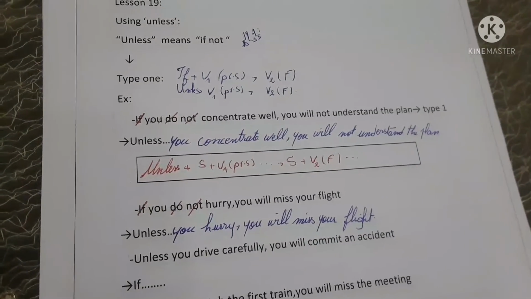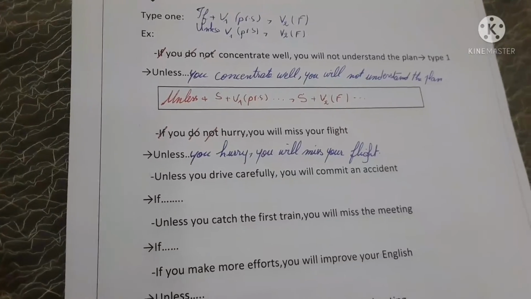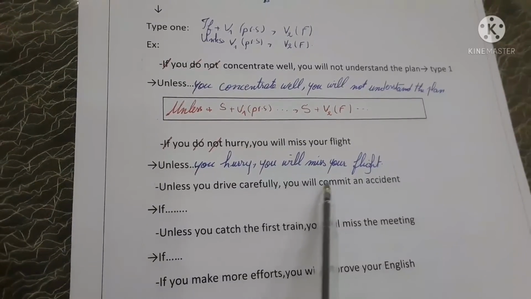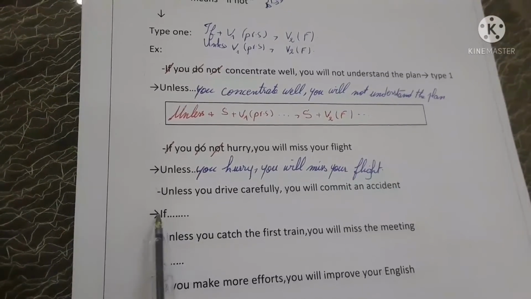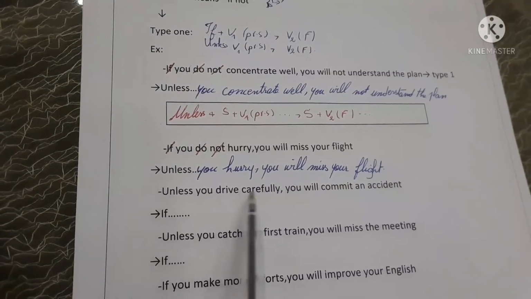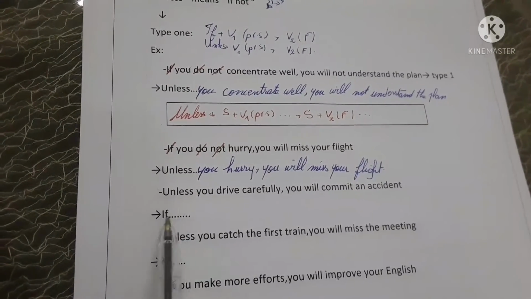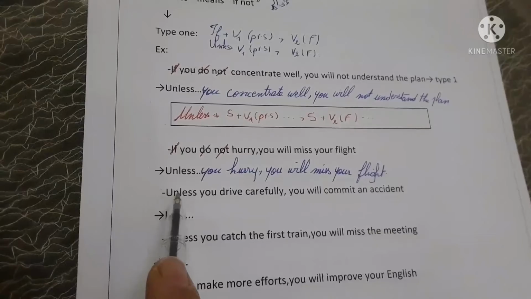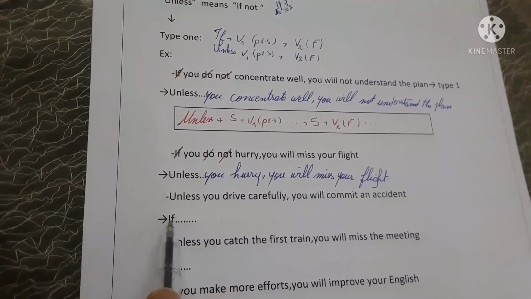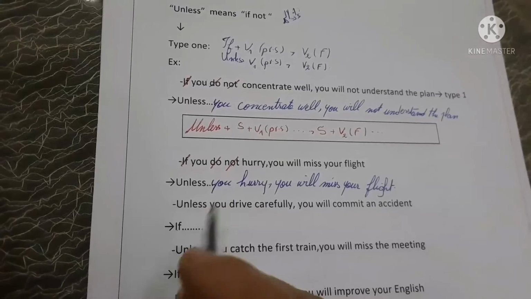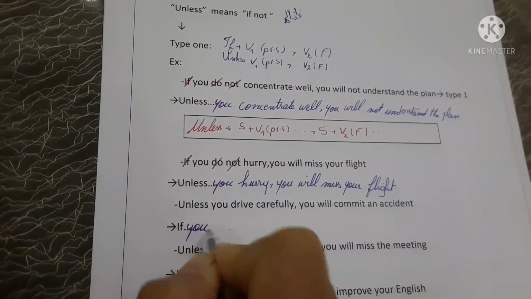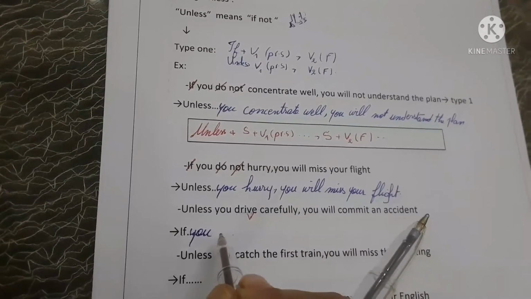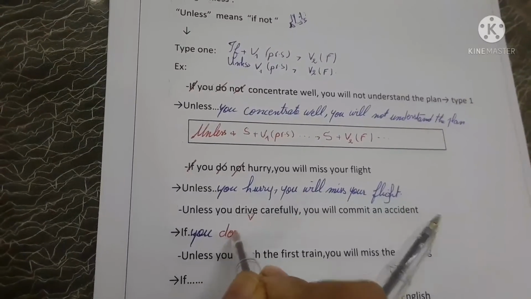Let's see another example. Unless you drive carefully, you will commit an accident. If we're going to replace unless by if, we said unless is if not. It becomes if plus the subject, if you. We don't say if you not drive, but if you do not drive.